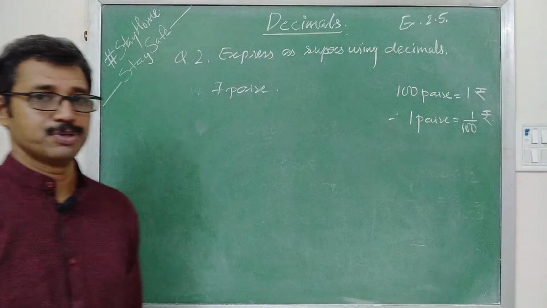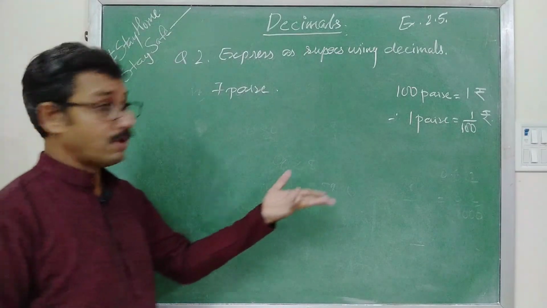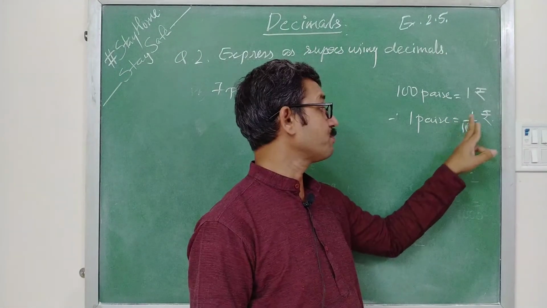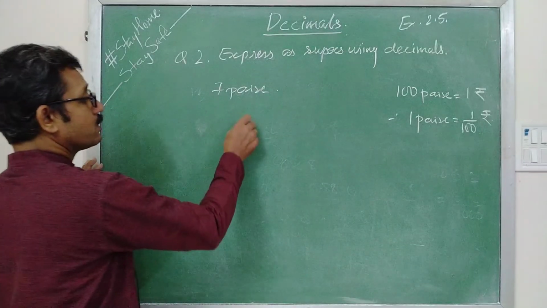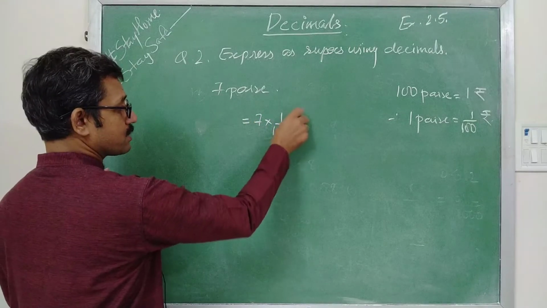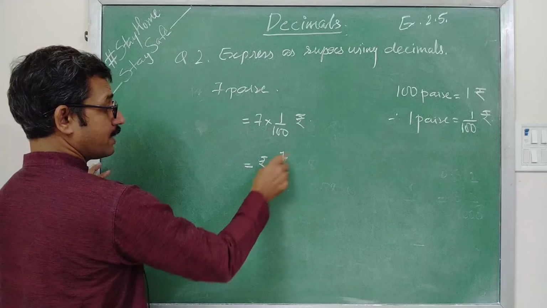Understand? This is very important. So in order to convert paise into rupees, you have to divide by 100, otherwise you have to multiply by 1 upon 100. So here we can write 7 into 1 upon 100 rupees, which is equal to rupees 7 upon 100.